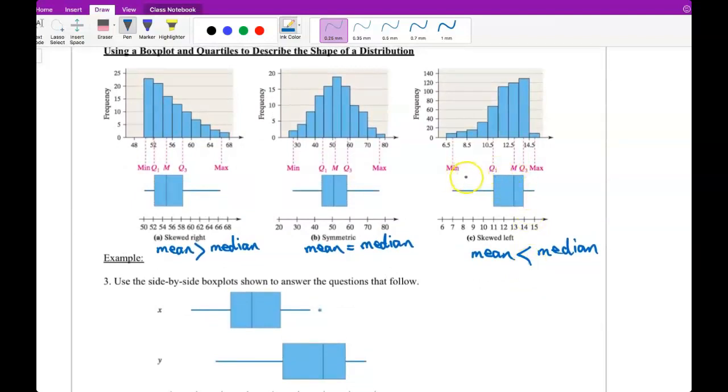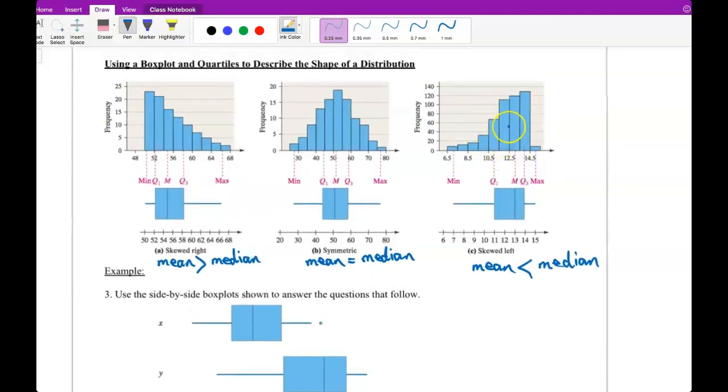So these points are our 5 number summary. We have minimum, Q1, Q2, Q3, and max. And we have the same points here on this part, which is using histograms.